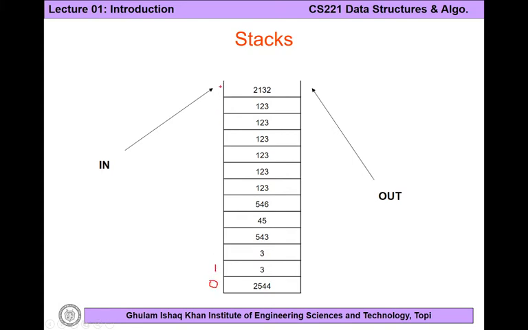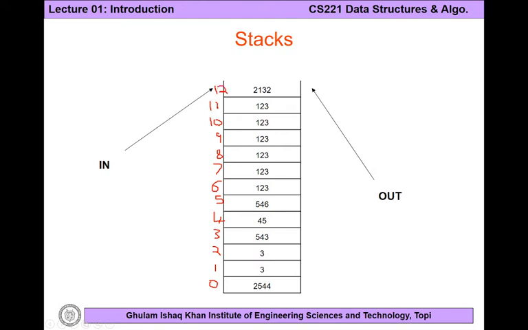I could have started from here, but it totally depends upon your implementation. So let's assume our index 0 is this, this is index 1, this is index 2, this is index 3, 4, 5, 6, 7, 8, 9, 10, 11 and 12.